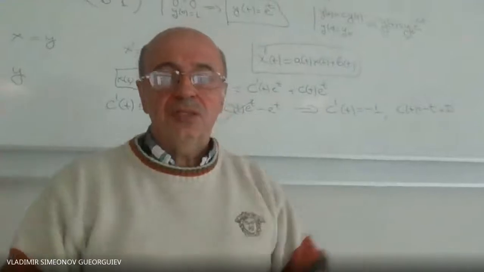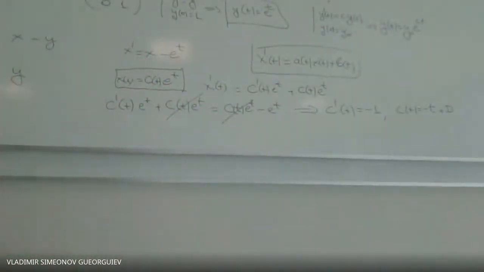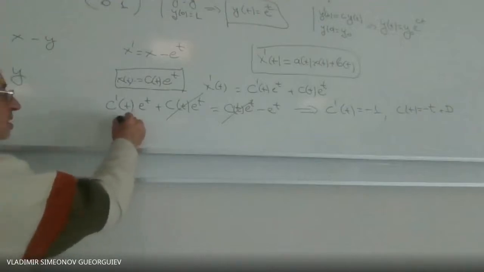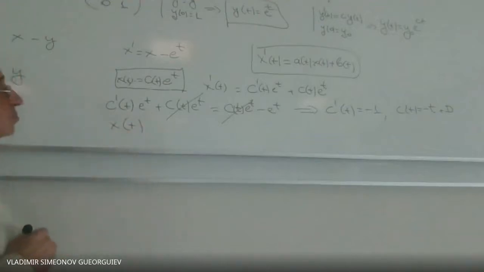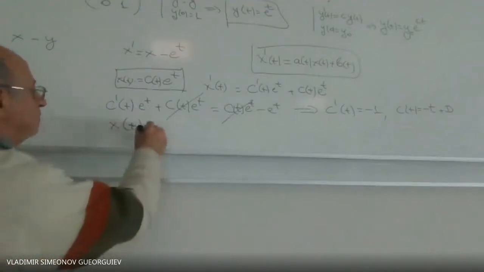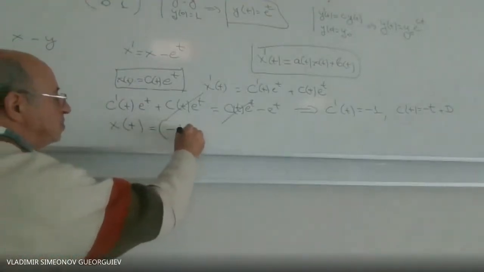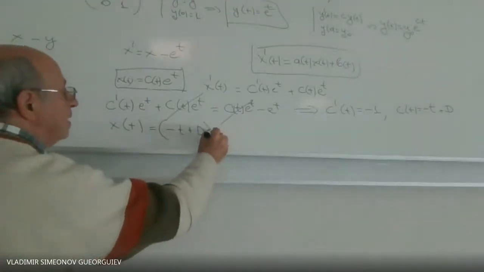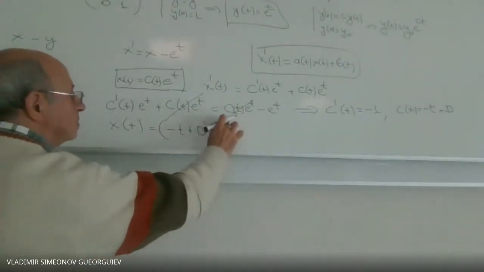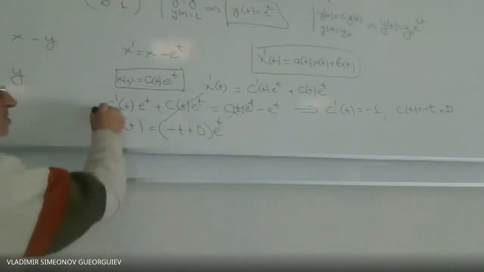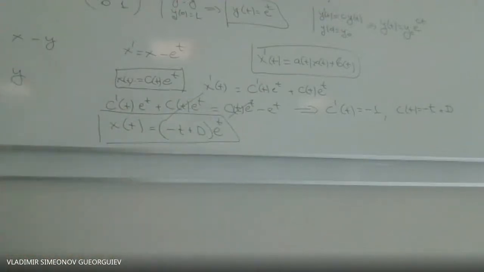And now we have our solution. c(t) is found. I shall plug it inside x, and in this way we shall have finally our solution x(t). So x(t), let us write, as we promised, this shall be minus t plus d multiplied by a to the power t. And this is our solution.